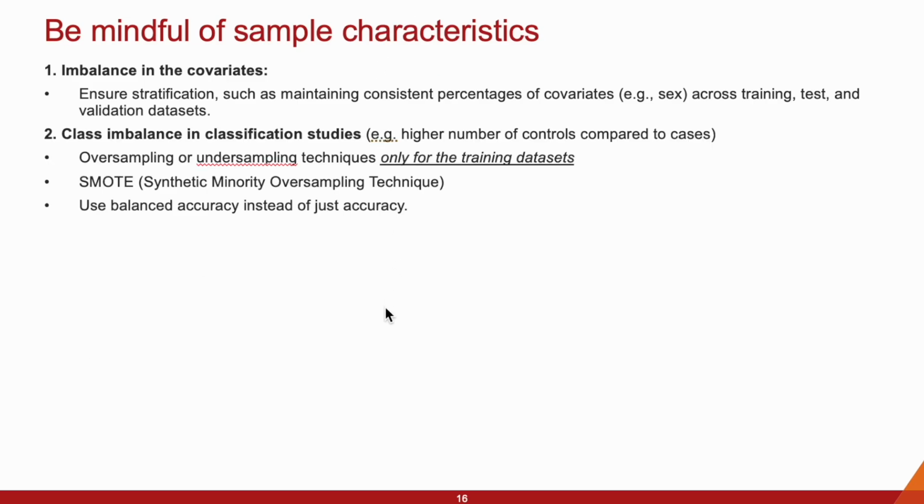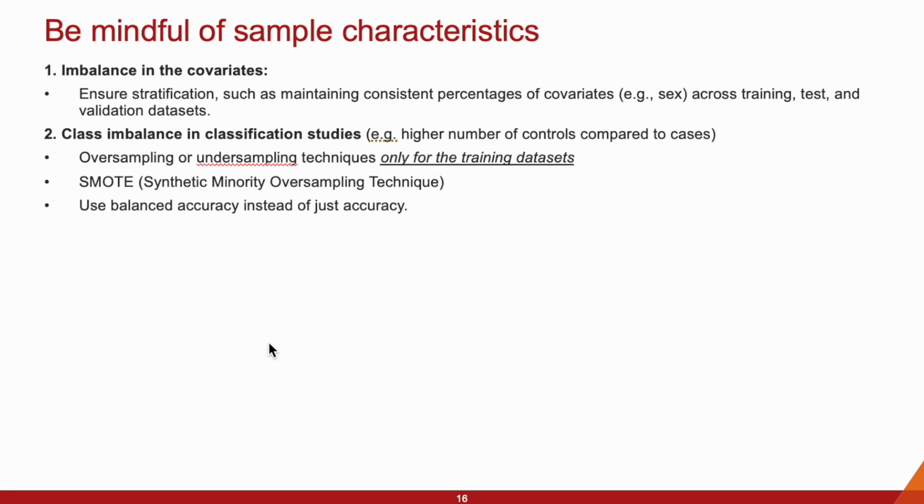The next problem is class imbalance, which is a common issue, especially in classification problems where one class, like cases of Alzheimer's disease, is much smaller than the other, like controls. For example, if we have a classification problem where we are trying to distinguish people with Alzheimer's disease from controls, we can have more healthy individuals than people with Alzheimer's disease.